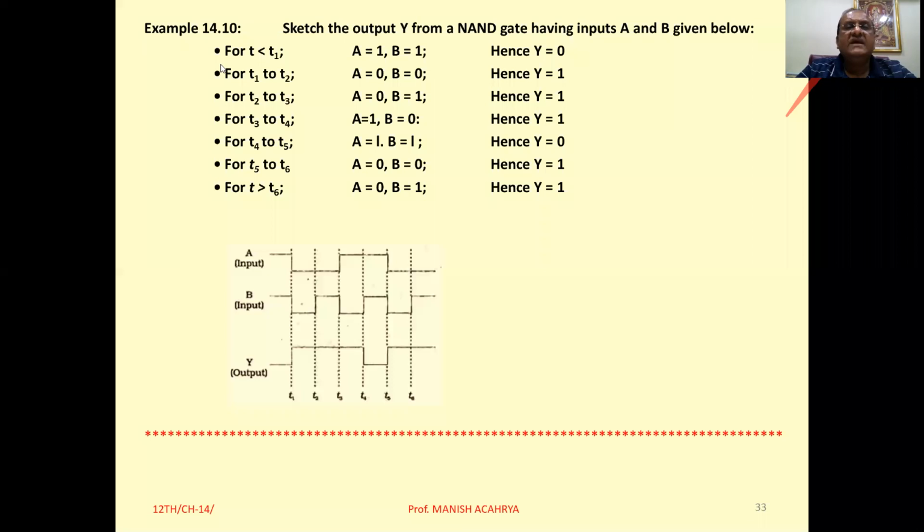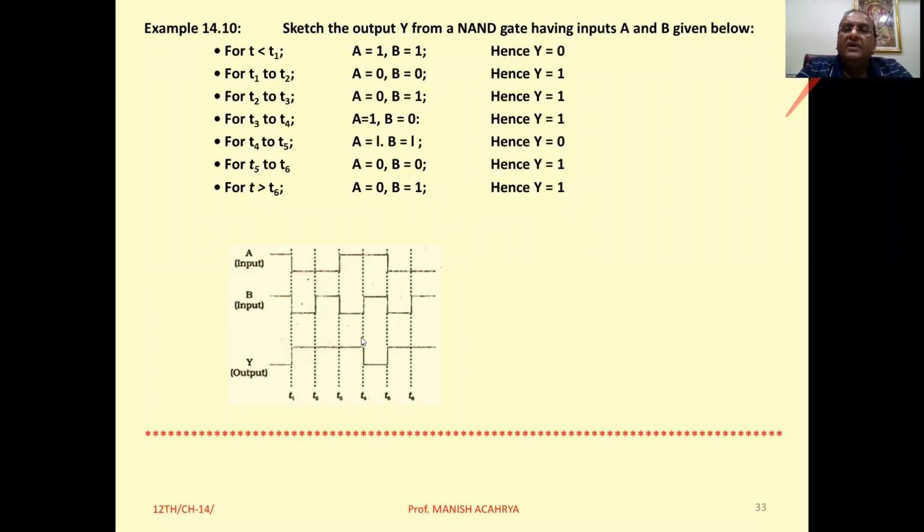Then after, 14.10, sketch the output Y from a NAND gate having inputs A and B given below. Now see, here A and B inputs are given to you. Corresponding output will be what? And as per that output, we have to prepare the waveform here. Now, NAND gate. So, when an AND gate is followed by a NOT gate, we get a NAND gate.